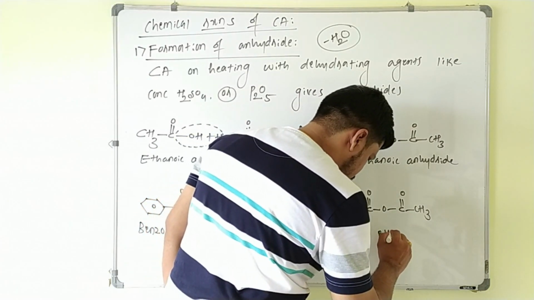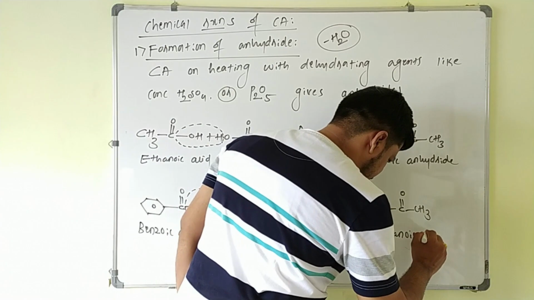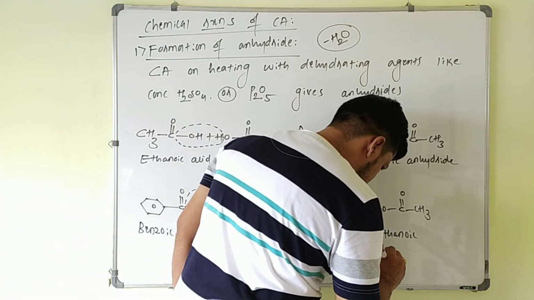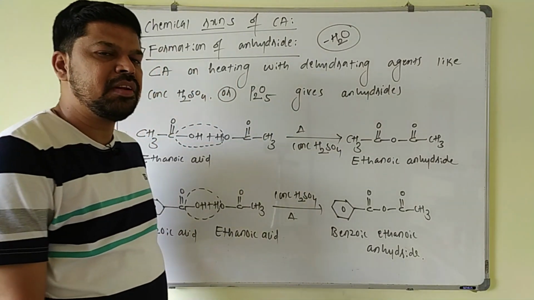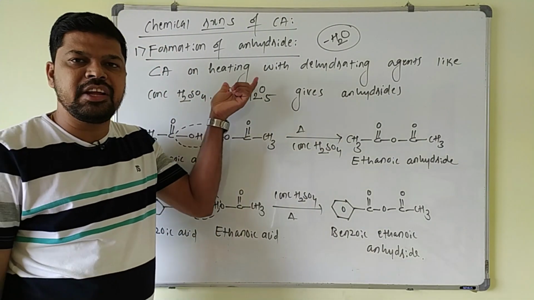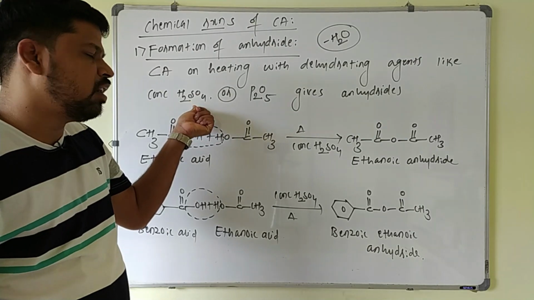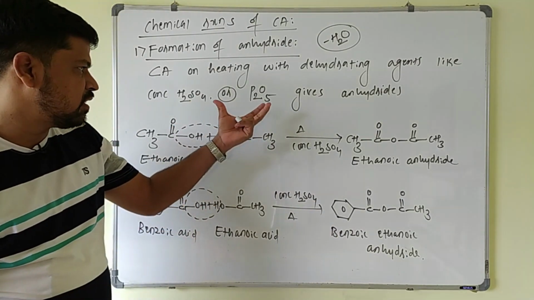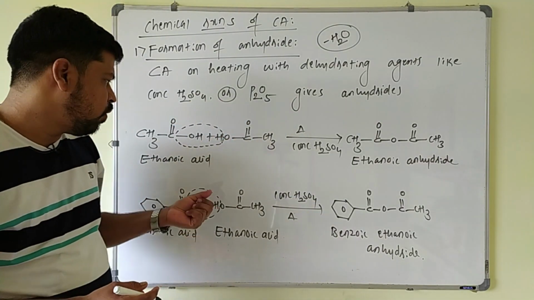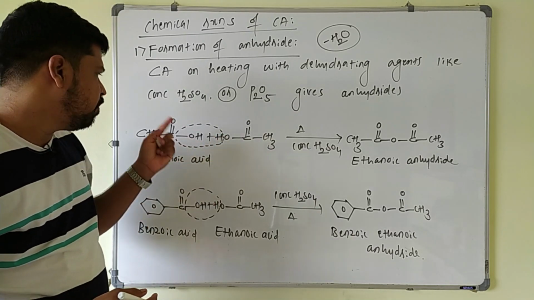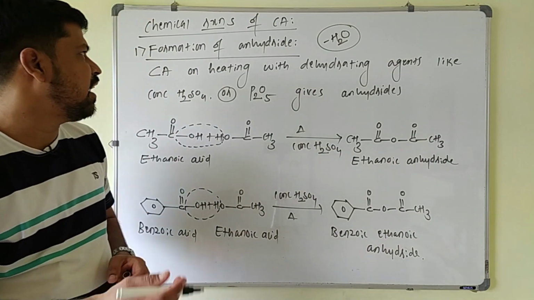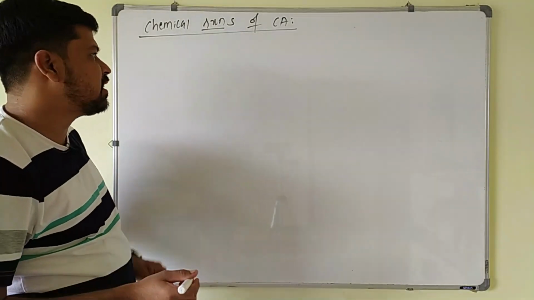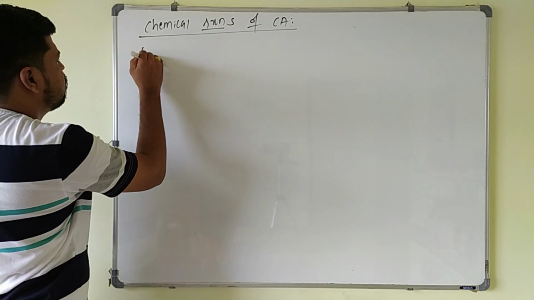Simply, these carboxylic acids on heating with a dehydrating agent like P2O5 or concentrated H2SO4 will undergo dehydration. 1 water molecule is removed between the 2 moles of acid, so that they will form what? Anhydrides here. Next reaction.